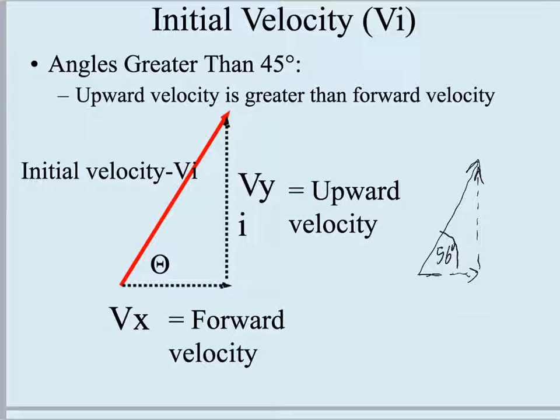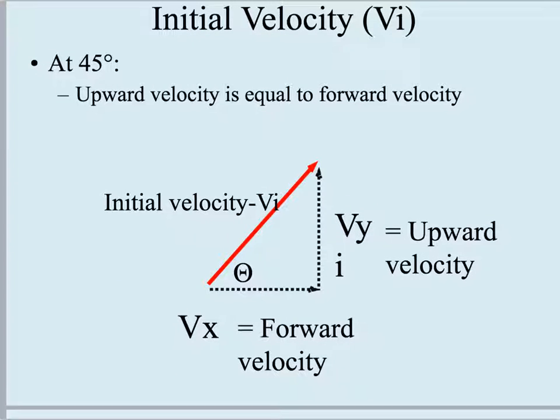So the value for VIY is going to be greater than Vx. And then when it's at 45, well, that means both sides have equal values. So the Vx, whatever it is, is going to equal the VIY.